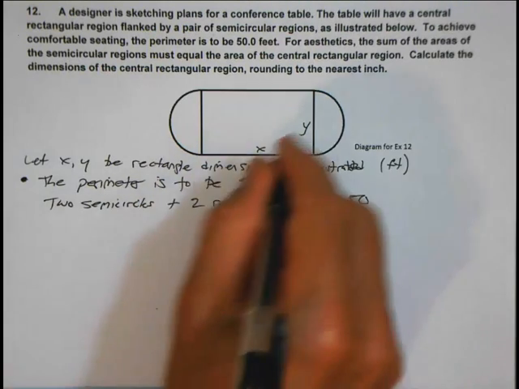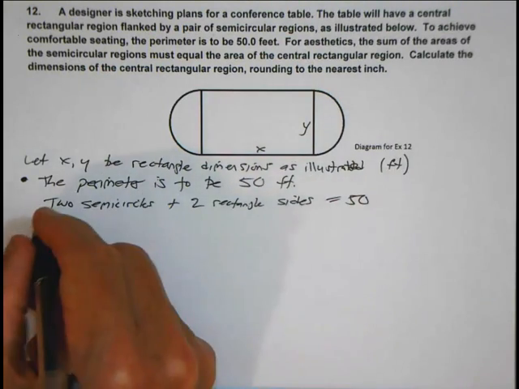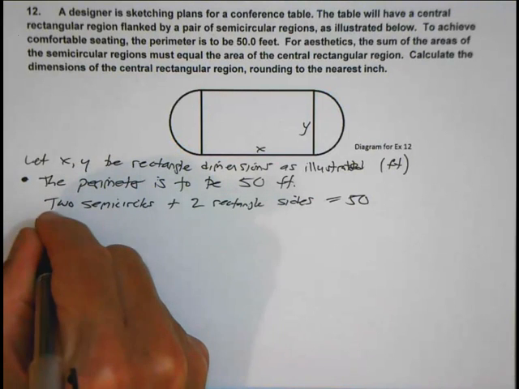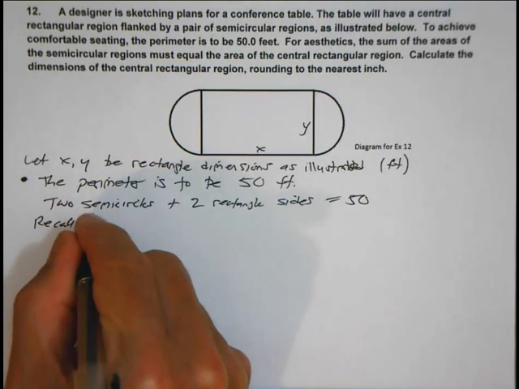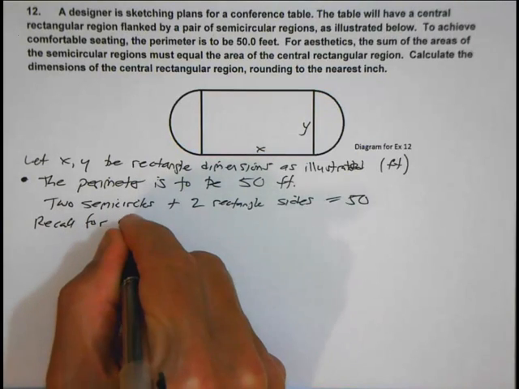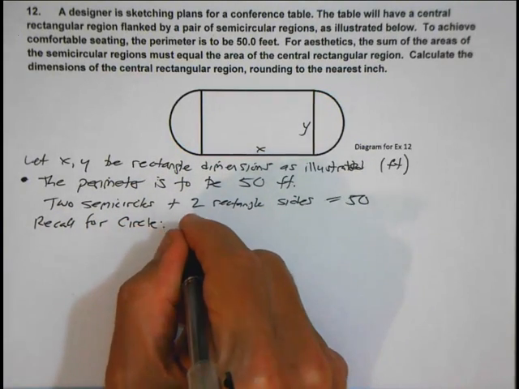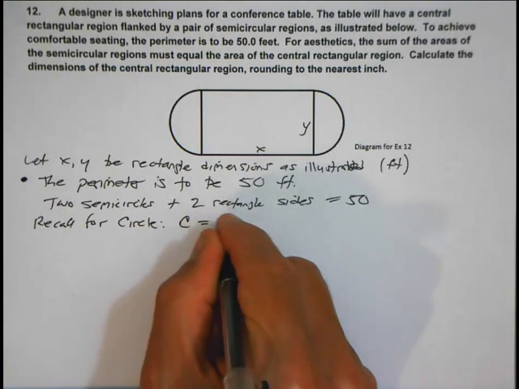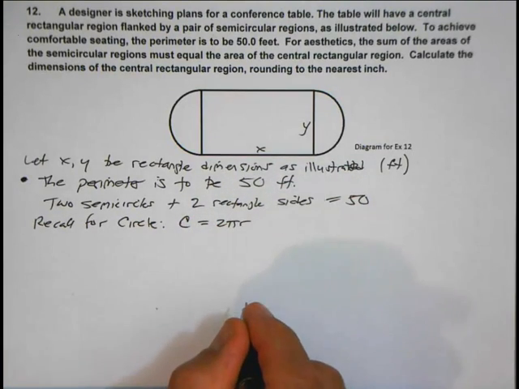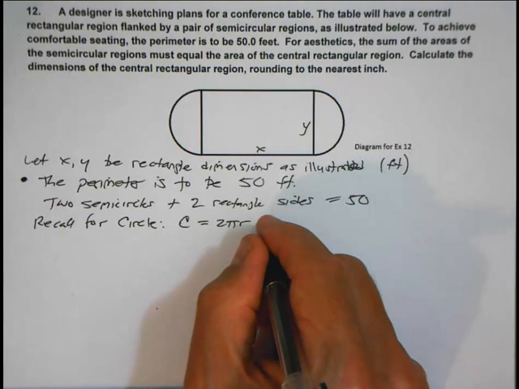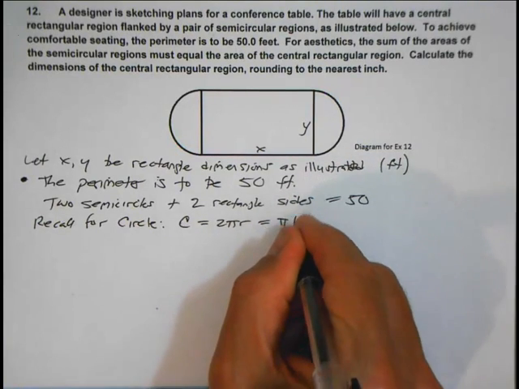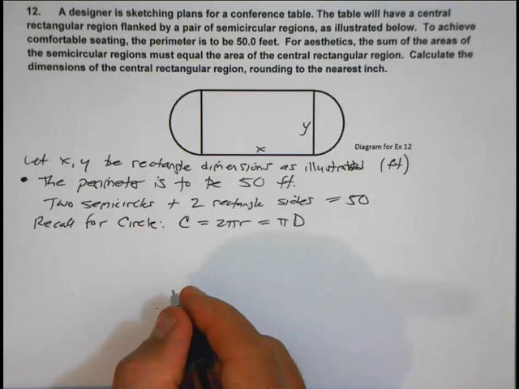Now, what about these 2 semicircles? If we have 2 semicircles, then we have a complete circle. So we might recall for a circle, a general formula: circumference equals 2 pi r, or sometimes rewritten as pi times d, where d is the diameter of the circle.